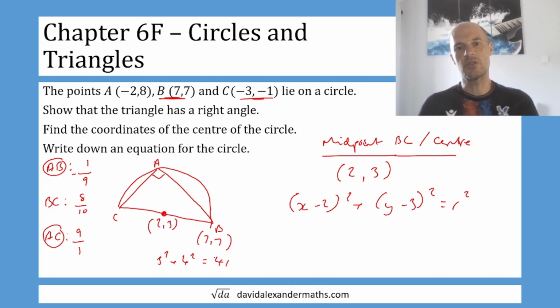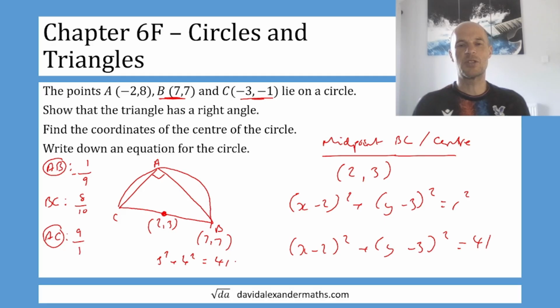Now usually we would square root this to work out the radius, so the radius itself would be the square root of 41. But here we want the radius squared, so actually we can simply say that x take away 2 squared plus y take away 3 squared is 41. Now, people do get a bit tangled up between working out the radius and the radius squared. Remember that the radius squared is what is needed in the equation of a circle.